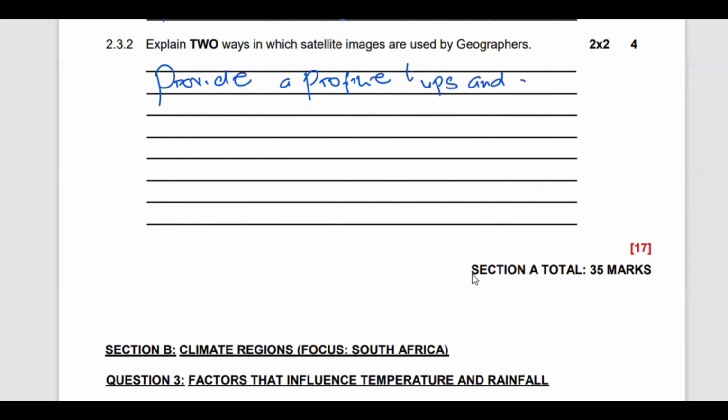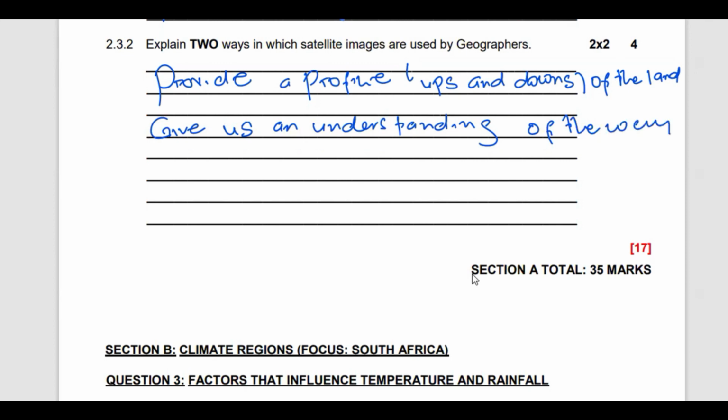Two, they give us an understanding of the way in which land is used.